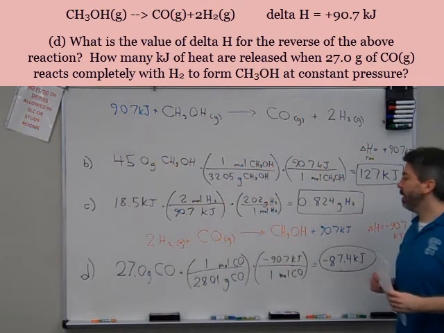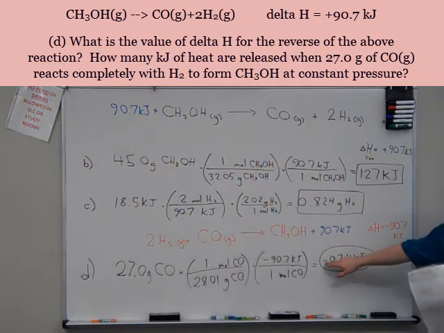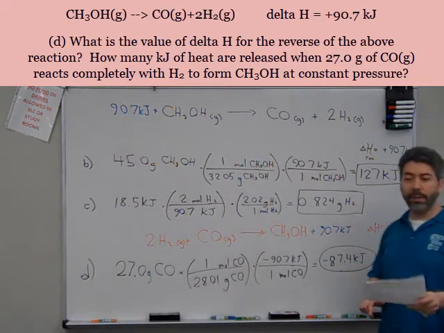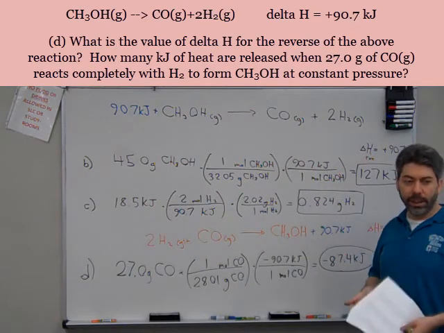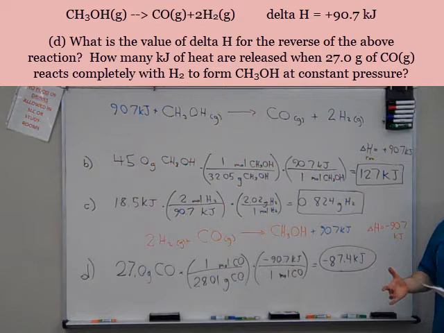So when it says how much heat is released, the negative here indicates the enthalpy change, the change in heat of the reaction. And you can have a negative change, like a negative change in temperature. If the temperature goes down, it gets cooler, there's a negative change in temperature. But you can't have a negative amount of heat. So you have to watch the wording.